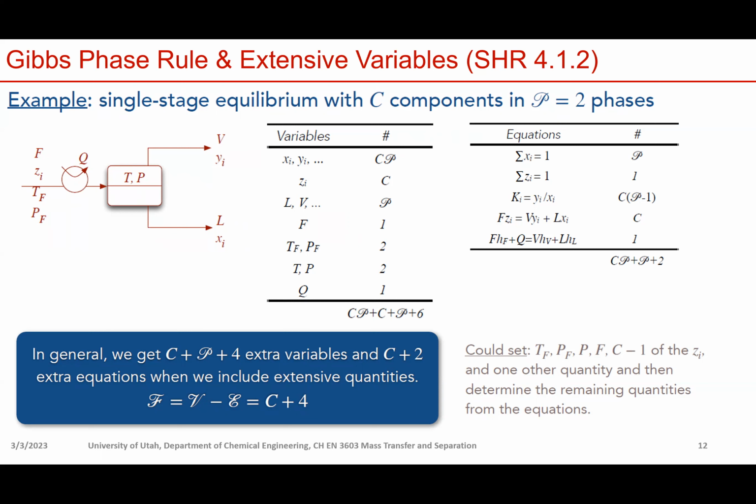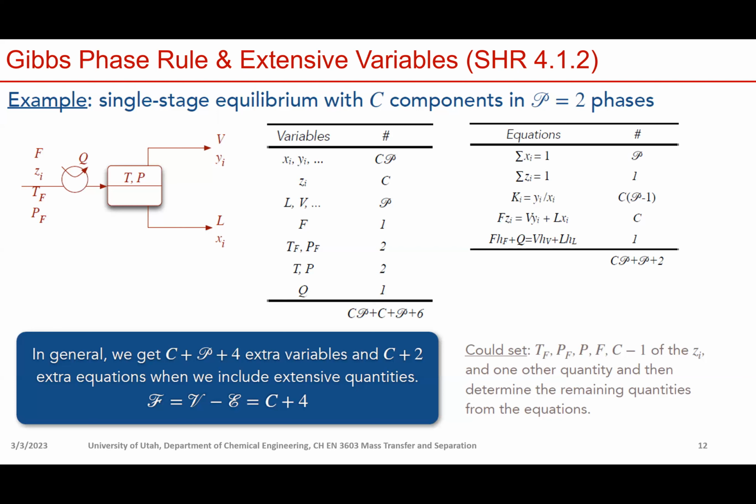In this case, typically we can set the temperature, pressure, and flow rate of the feed, the pressure of the separation unit, and C-1 of the composition. That way, we can fully define the system.